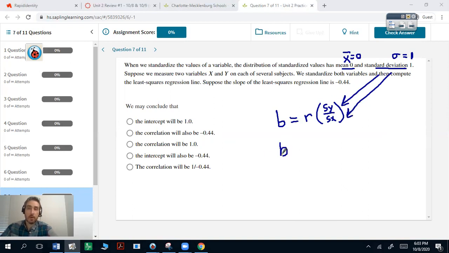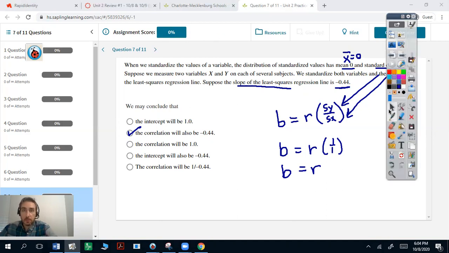So let's think about now, we got b equals r times 1 divided by 1. So the slope and the correlation are the same value. So if the slope of the least squares regression line is negative 0.44, turns out that the correlation would also be negative 0.44. Pretty cool stuff. All right, question number 8.